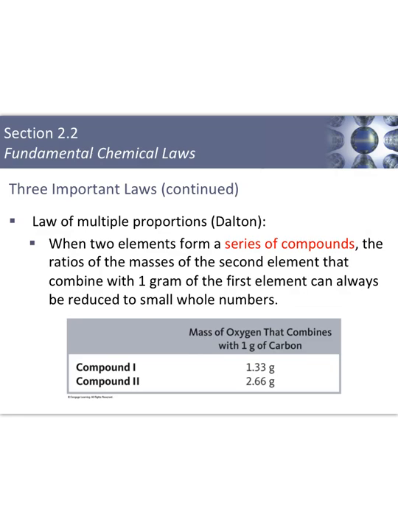So for example, compound 1, which is going to be carbon monoxide. For every 1 gram of carbon, there's 1.33 grams of oxygen. Compound 2, carbon dioxide. For every 1 gram of carbon, 2.66 grams of oxygen.